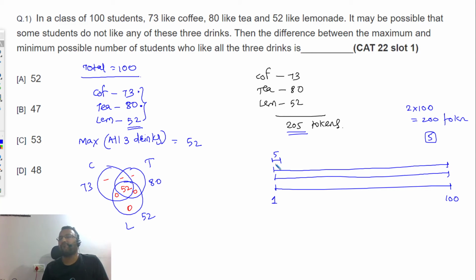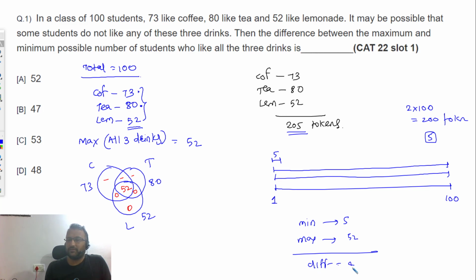So these are the 5 people who are going to have all 3 tokens. So the minimum number of people having all 3 tokens is 5. The maximum number of people having all 3 tokens is equal to 52. And this difference is equal to how much? 47. This is how we can solve this question.